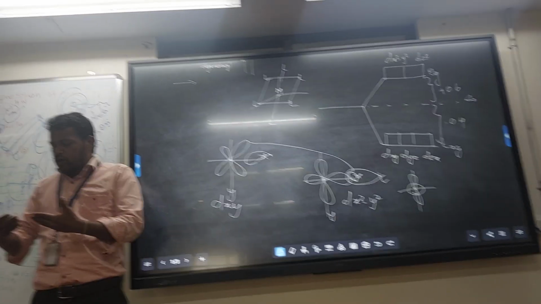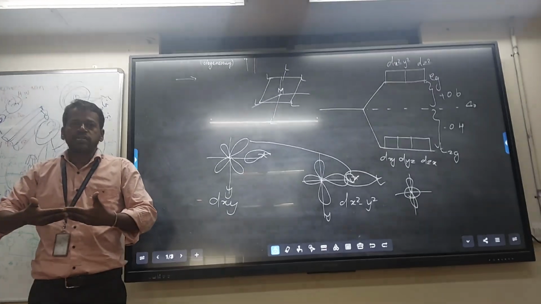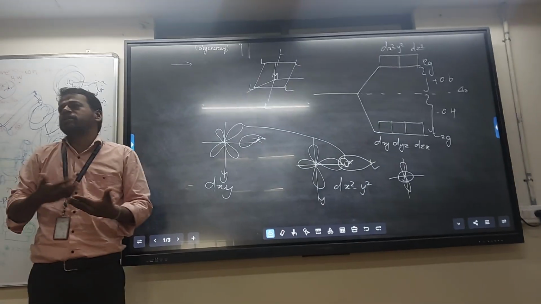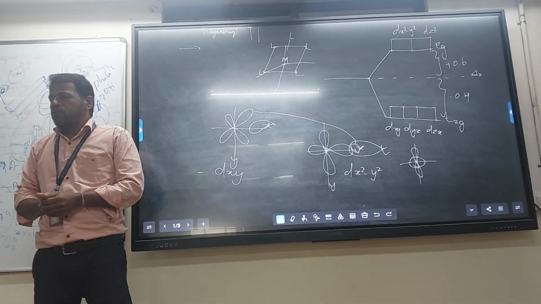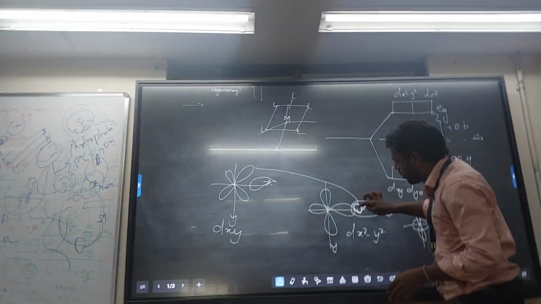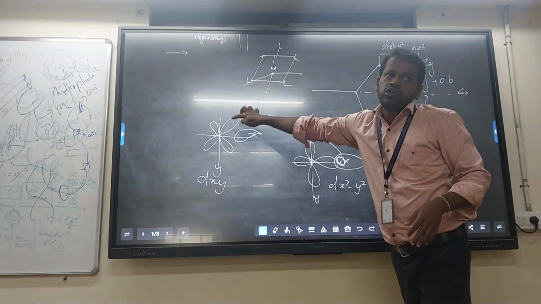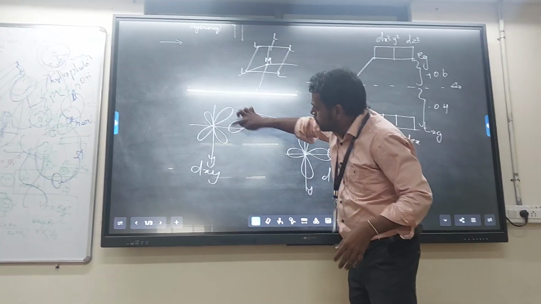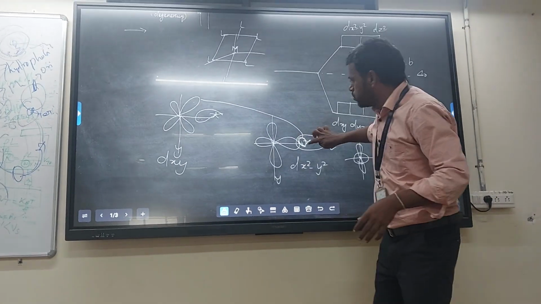The ligand also shares the electron towards the axis side, so it repels, the negative force is there. So they repel each other, that's why these electrons are immediately shared with the t2g orbitals, because the repulsion here is less compared to this one.